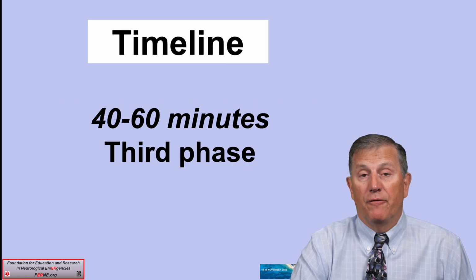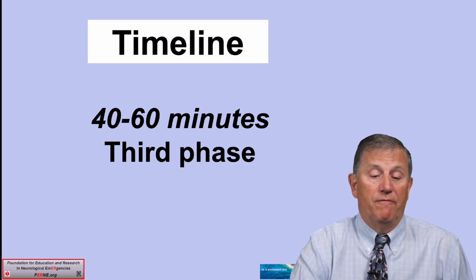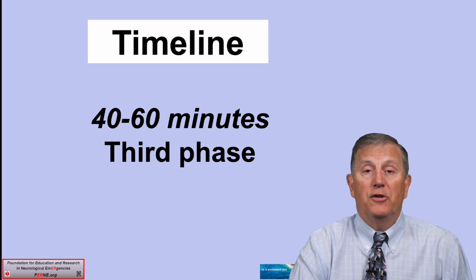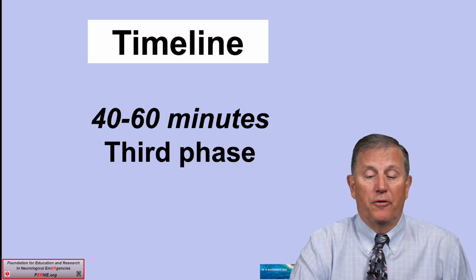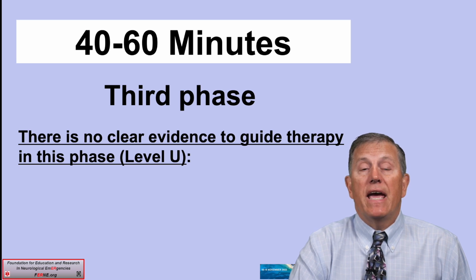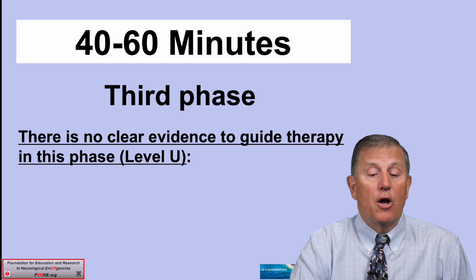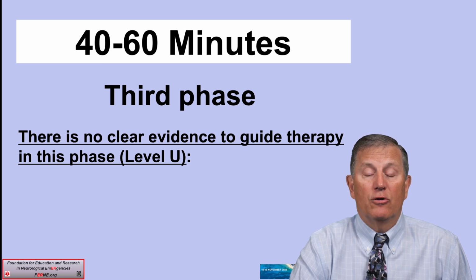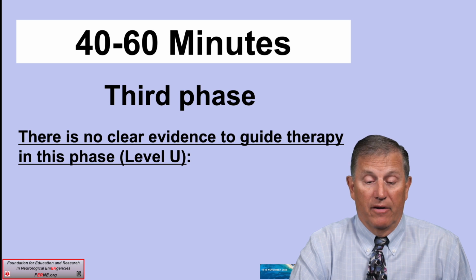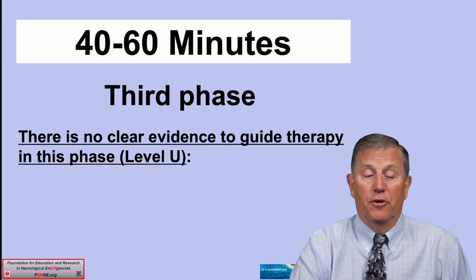The timeline for this third phase is approximately 40 to 60 minutes, a 20-minute period during the third phase of medications. As with the second phase of anti-epileptic drug therapies, there's no clear evidence to guide any single therapy as being superior to another, so the level of support still remains undetermined.